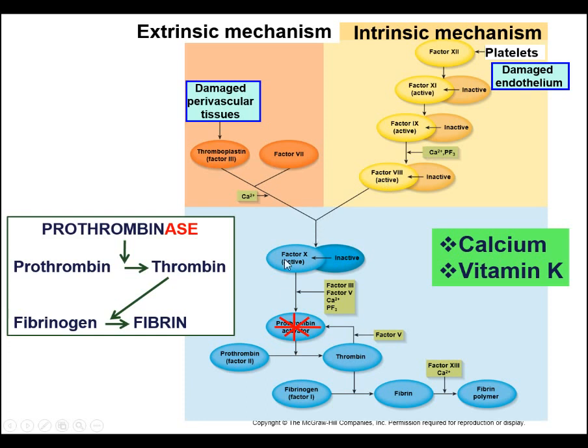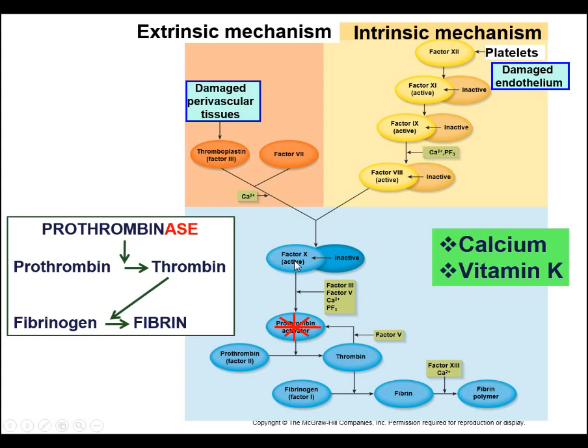So what I did was started right here, and I pulled this material out and put it in this box just to make it a little easier to understand. So this prothrombinase is this enzyme.